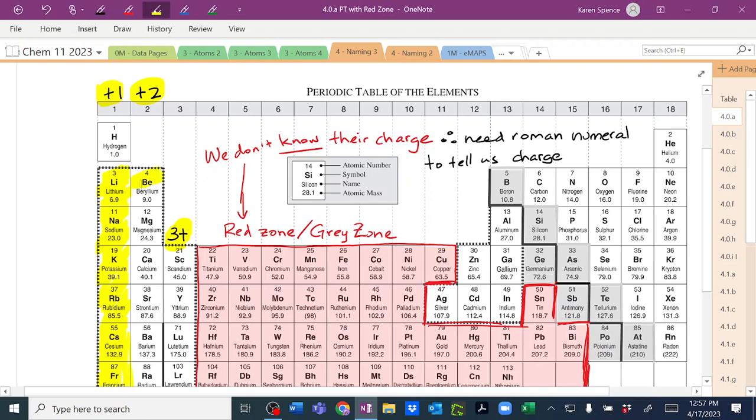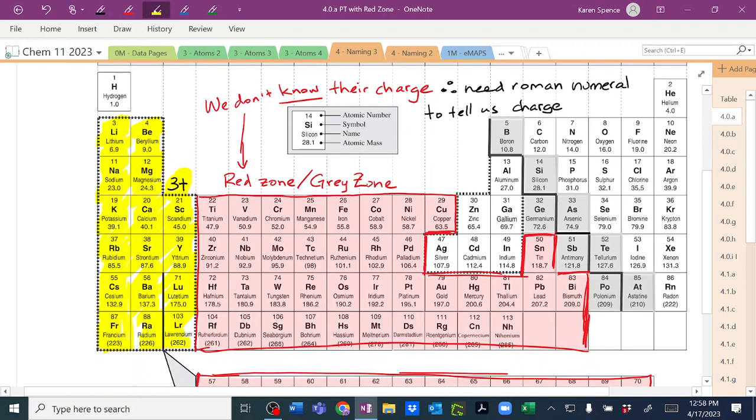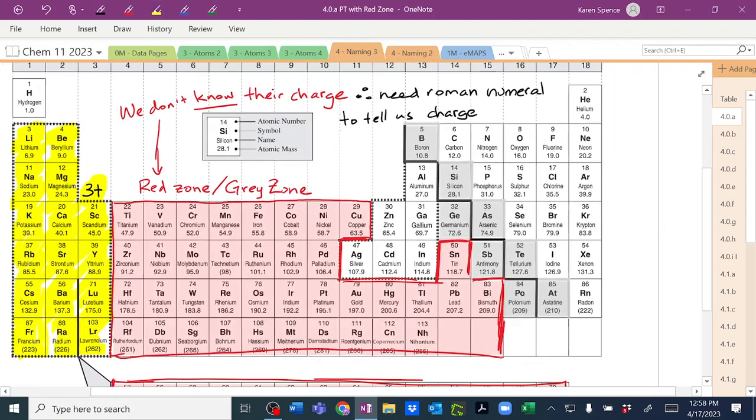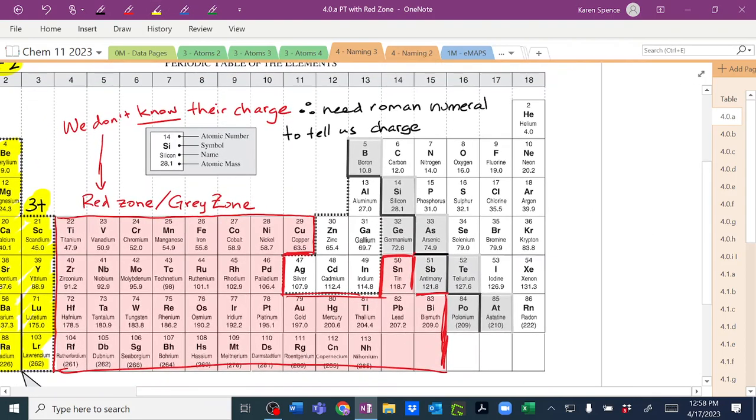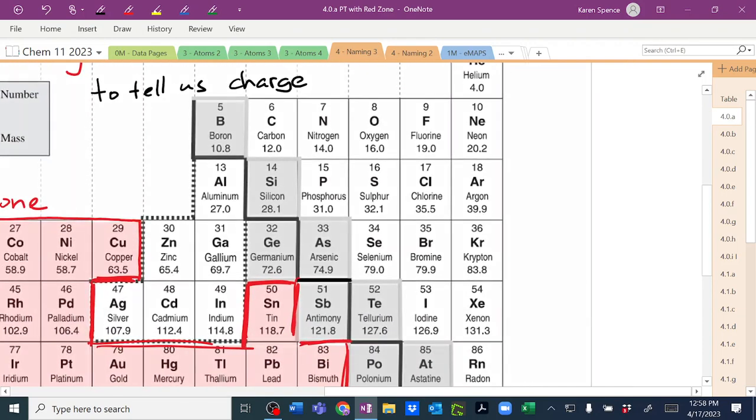You'll notice that there are other areas that are not in the red zone or the gray zone, and you're expected to memorize those as well. You should know your negative ions. If we go to our halogens, halogens are in group 17, therefore they have 7 valence electrons, and therefore when they become an ion, they will do what?